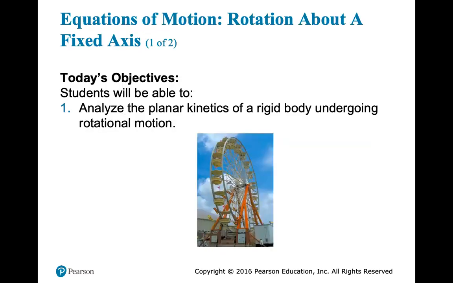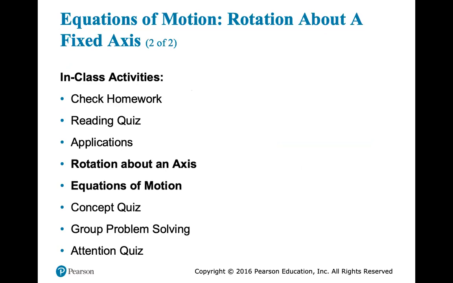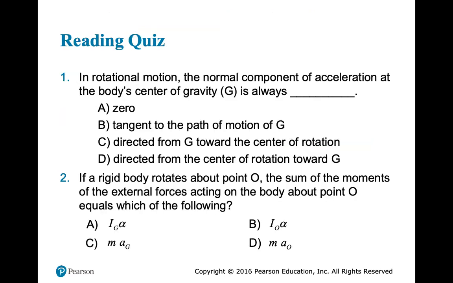Today's objective will be to be able to analyze pure rotational motion of a rigid body, and we'll go through the usual routine. Let's start out with a reading quiz. When you have a rotational motion, so we're talking about pure rotations, the normal component of acceleration at the body's center of gravity is always 0, tangent to the path, towards the center of rotation, or directed from the center of rotation.